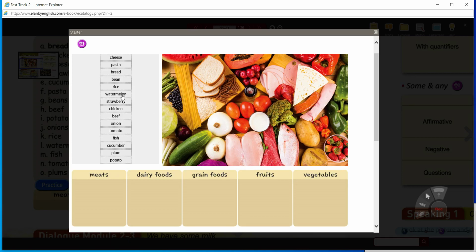So we'll just start with any of them. Watermelon, I believe, is a fruit. Onion, I believe, is a vegetable. Rice, I would think of as a grain food. Okay, so you see a grain food like this rice, kind of granular, small pieces. Okay, often with high levels of protein.